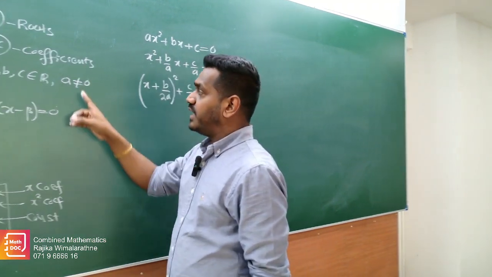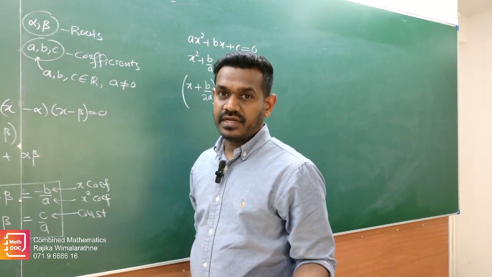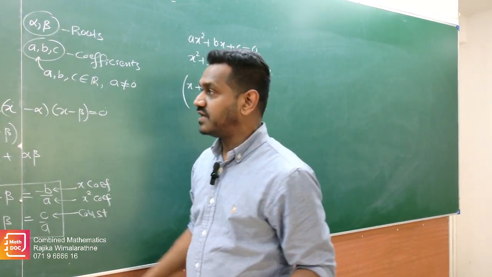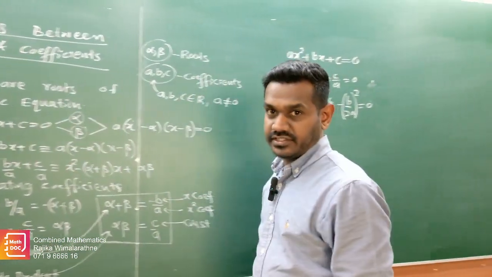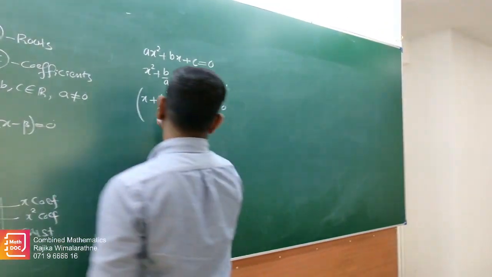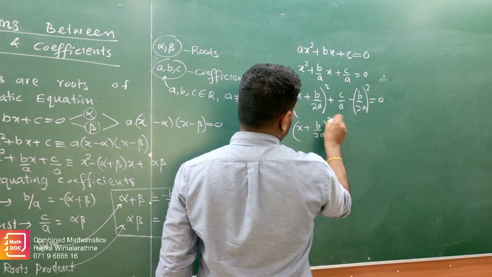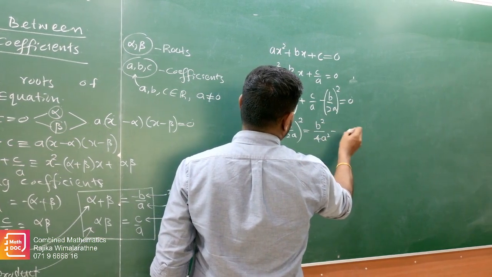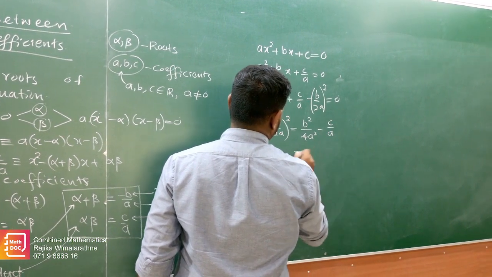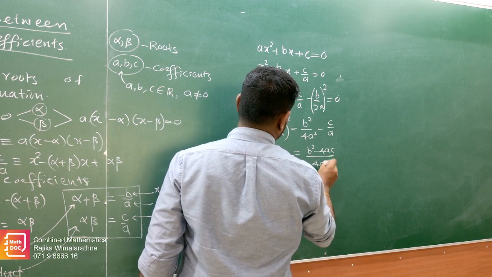I told you here a not equal to 0 because we need to divide by a there. Then it is quadratic, meaning the x squared term must be there. That's why we put a not equal to 0. Now make x plus b over 2a squared the subject. Take the other side: b squared over 4a squared minus c over a, which is b squared minus 4ac divided by 4a squared.